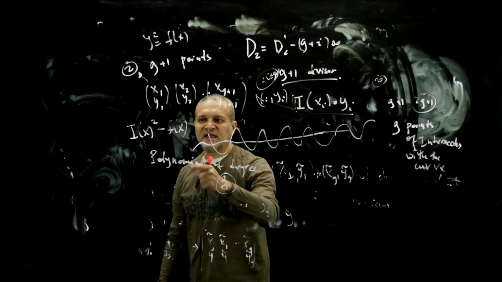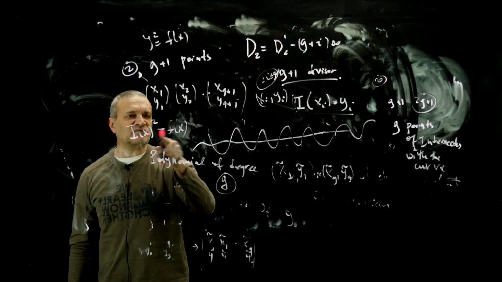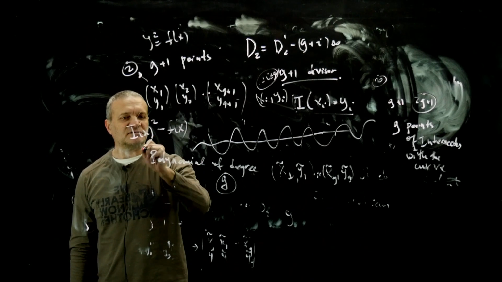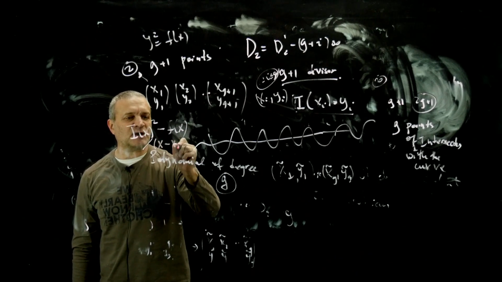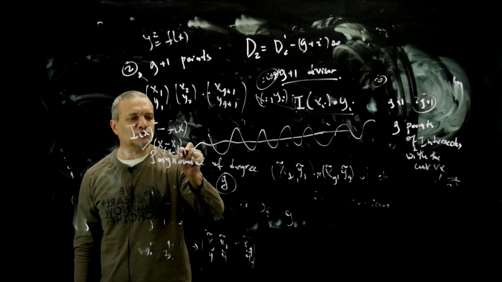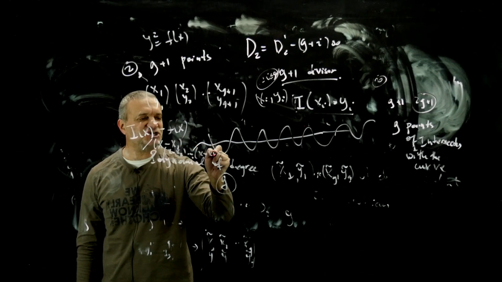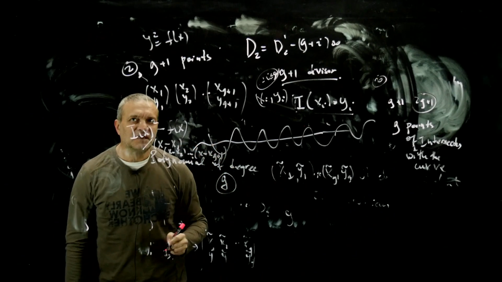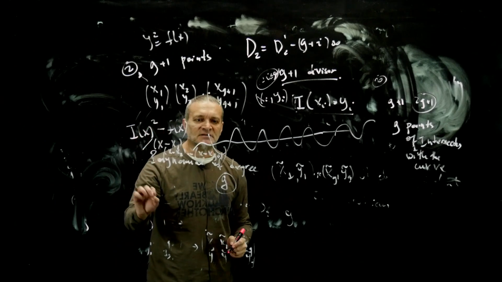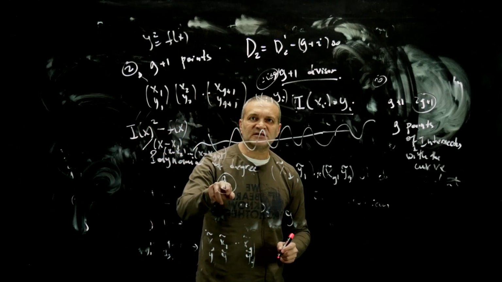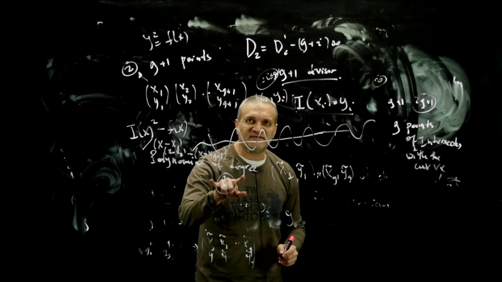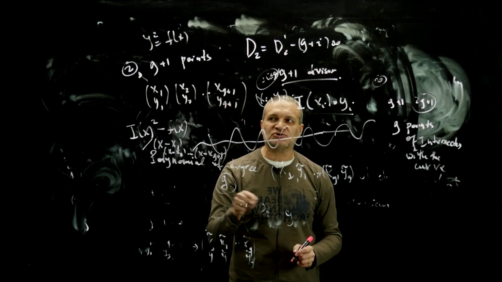So the quotient of this by x minus x1 times x minus x2, and so on, up to x minus xg plus 1, is exactly the polynomial that you are looking for, which has the correct degree. It will have g additional roots.